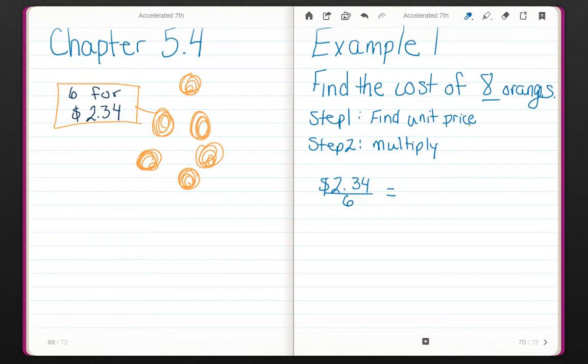The first thing I'm going to do is find the unit price. $2.34 divided by 6, my unit price is going to be 39 cents per orange.